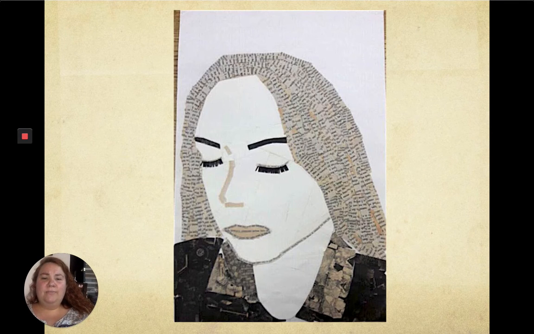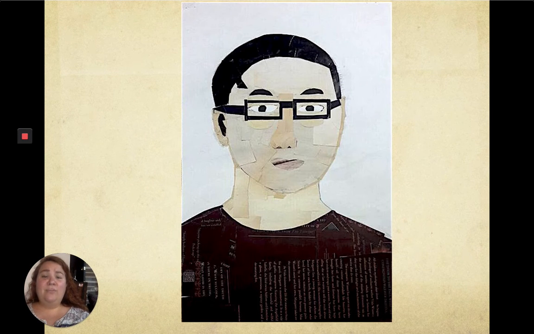In this one, they used texture for the shirt and the words for the hair. They did a little bit of texture for the eyelashes, but it's not very realistic, though they did a good job on some parts. This one is very realistic. I don't know if you remember this guy, but he used to be at school.